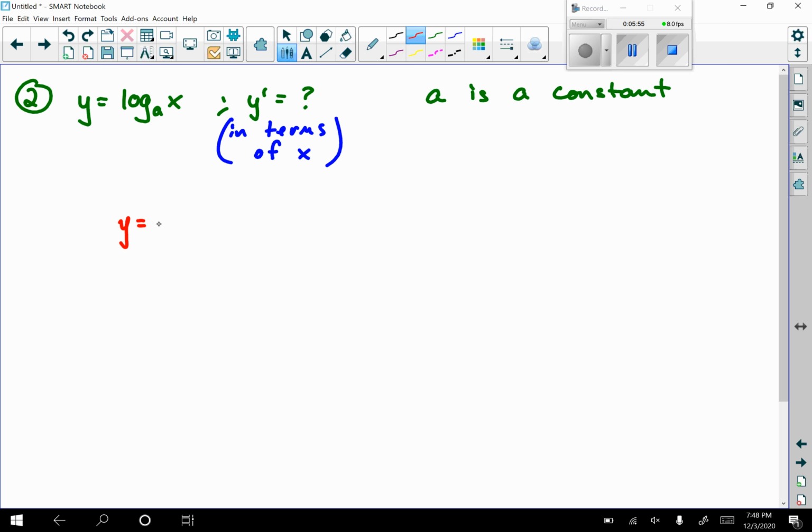Let's take y is equal to log base a of x, and then let's go ahead and rewrite this exponentially. So this becomes a to the y is equal to x. The reason we did this is because of the previous formula we came up with, now we can go ahead and take the derivative of both sides.